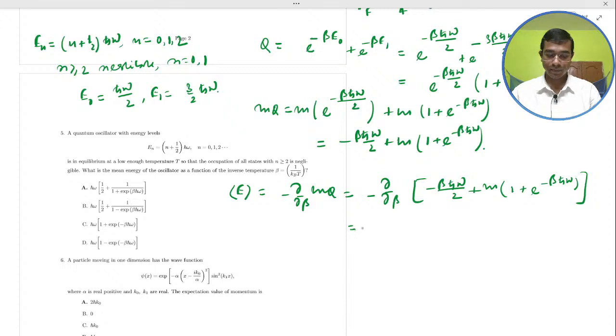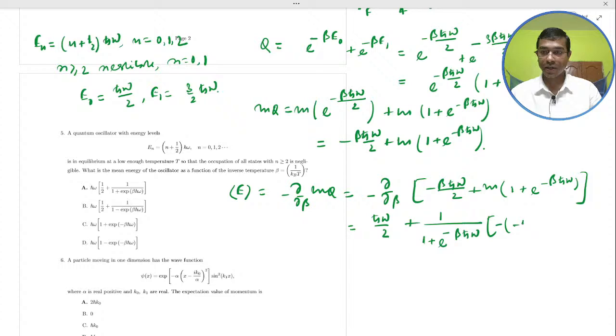Now calculate. So this would become h cross omega by 2 plus 1 by 1 plus e to the power minus beta h cross omega, within bracket, minus common here, this would be minus h cross omega e to the power minus beta h cross omega. Just calculate.